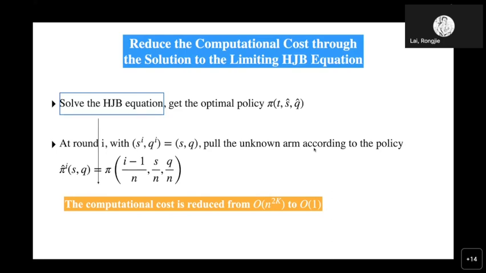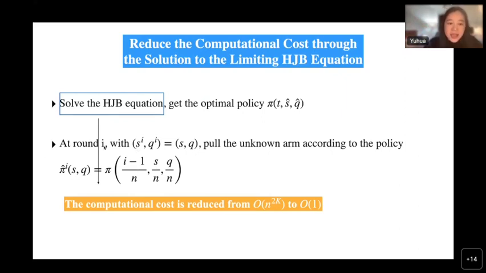After solving this HJB equation, we will have an explicit optimal policy pi from that HJB equation, which can be explicitly obtained.